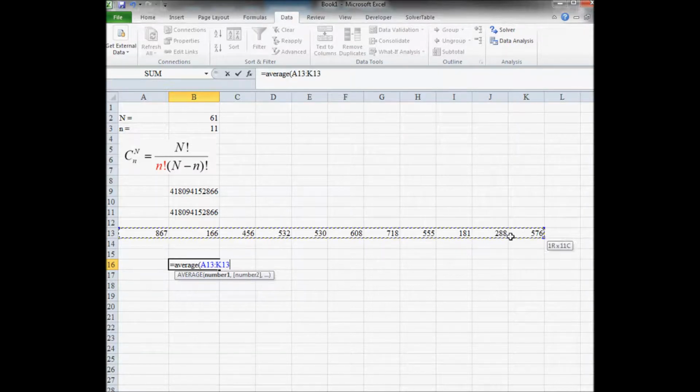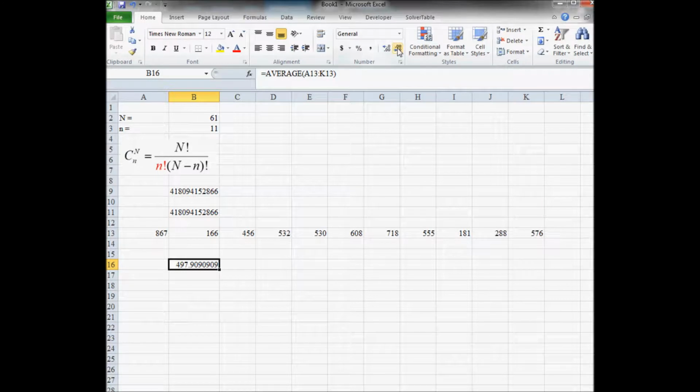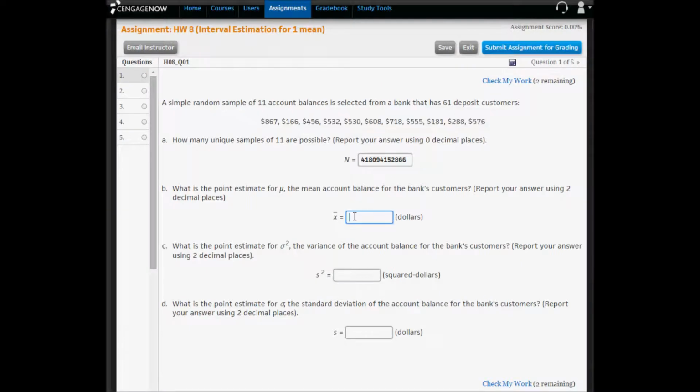And then you just highlight the values. So the sample mean is $497.91. And in the problem, I specify 2 decimal places. So we're going to copy this and paste that into Cengage.